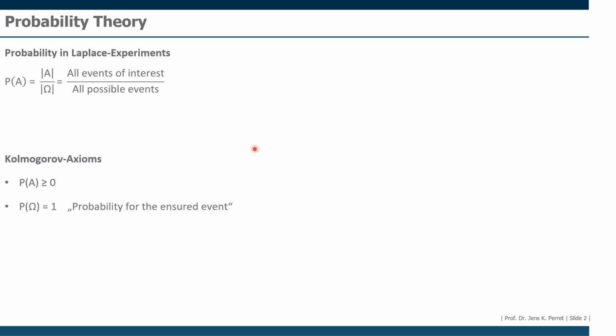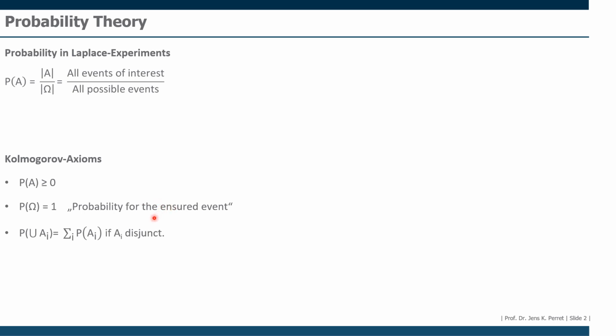We also know that the probability of the sure event, the event that will happen in any case, is 1. So this also tells us that probability will always be between 0 and 1. 0 means it's not possible at all, and 1 means it's 100% possible, so it will happen for sure.